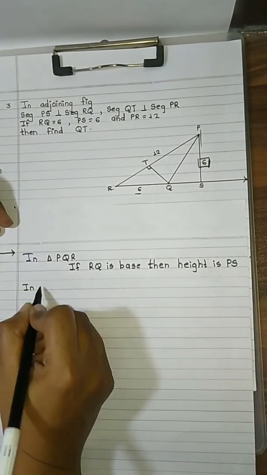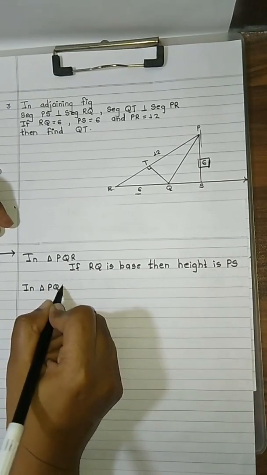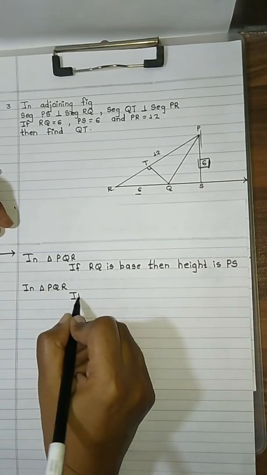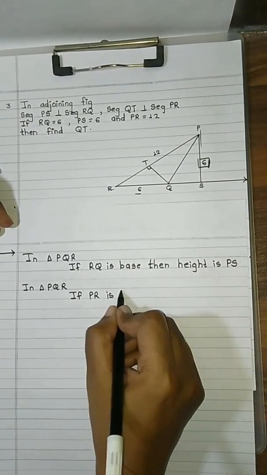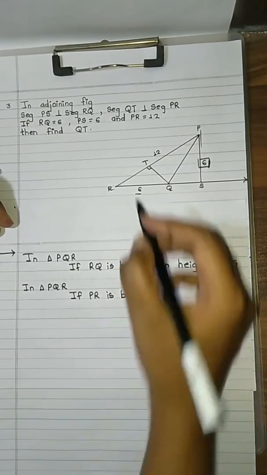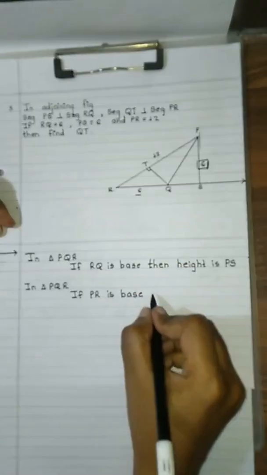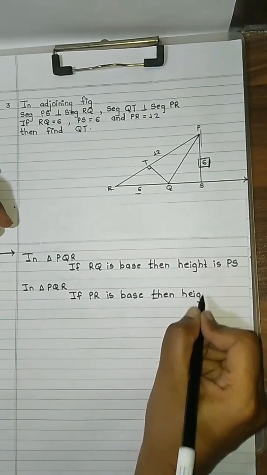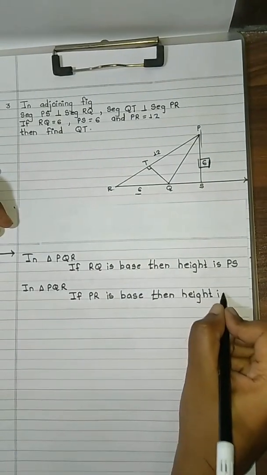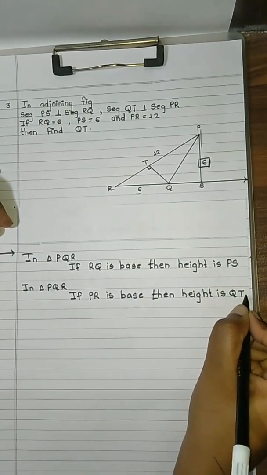Again, in triangle PQR, if PR is base, then height is QT.